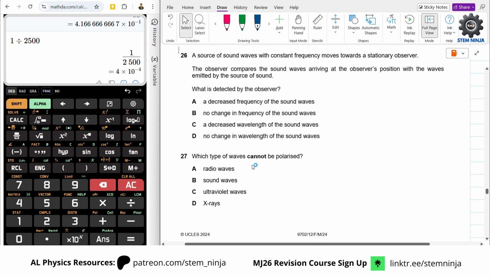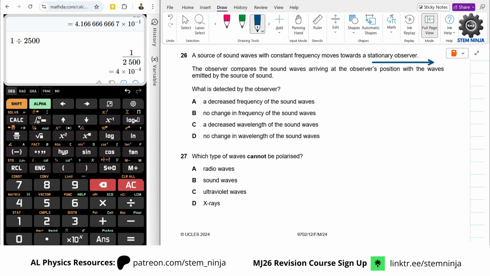A source of sound waves with constant frequency moves towards a stationary observer. The observer compares the sound waves arriving at the observer's position with waves emitted by the source of the sound. What is detected by the observer?